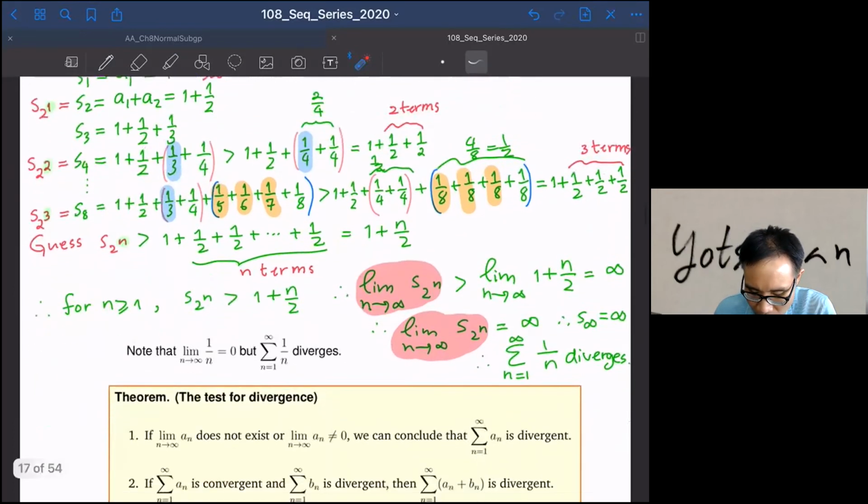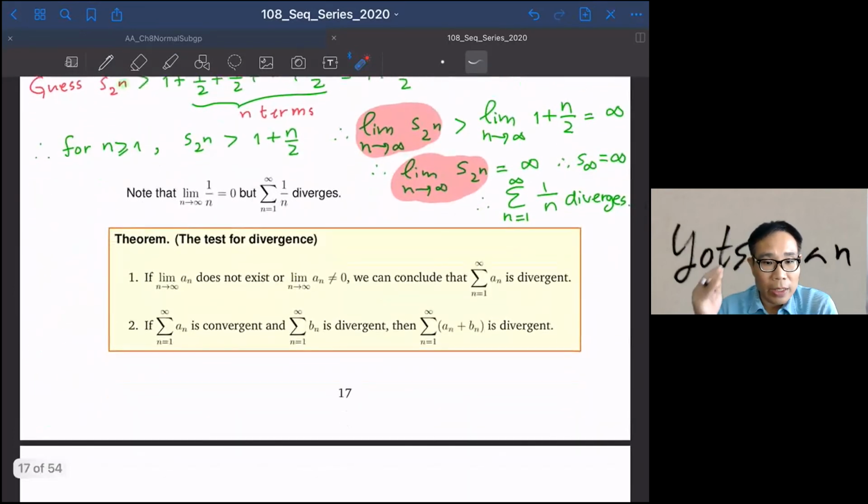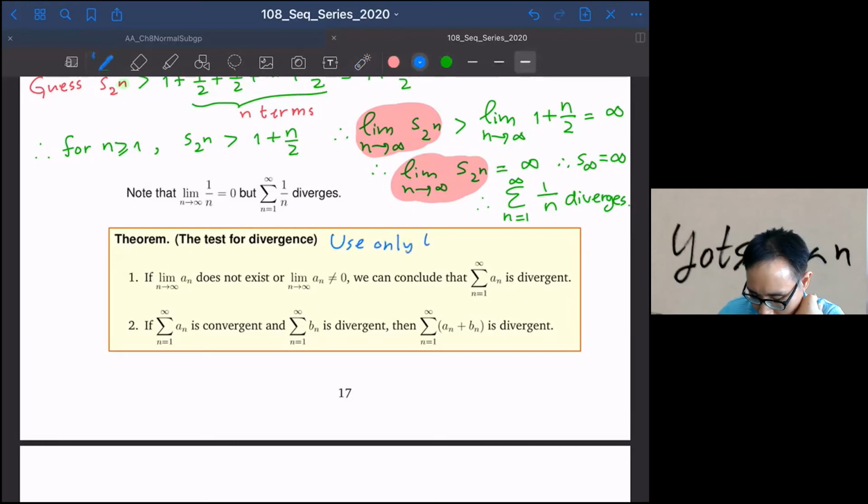Okay, and it's going to be the test that we are going to use here. This thing is called the test for divergence. We use this test for divergence only to conclude that the series sum from n equal to 1 to infinity of an diverges.